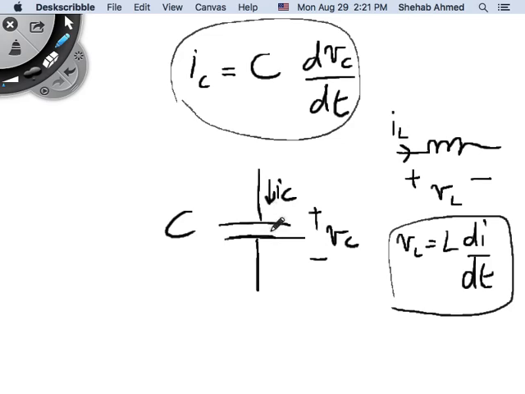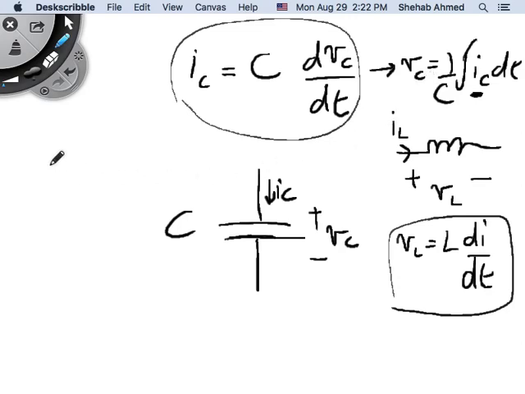How is the voltage across the capacitor equal to what? Integration. 1 over C integral of IC dt, right? That's the voltage across the capacitor. So if you pump in current, you will integrate this current and divide it by the value of capacitance. That's the voltage.